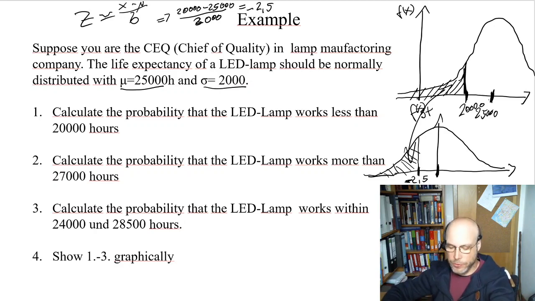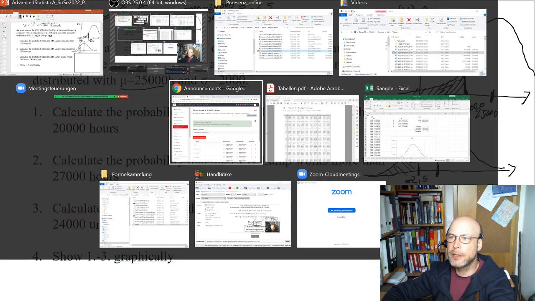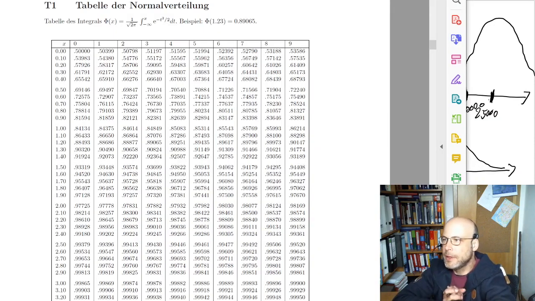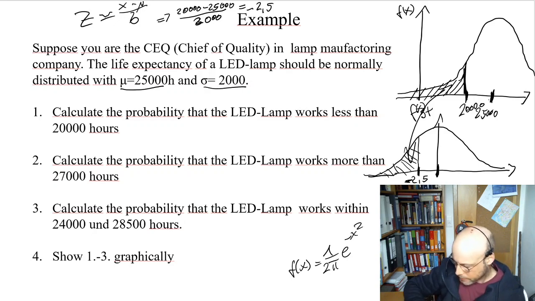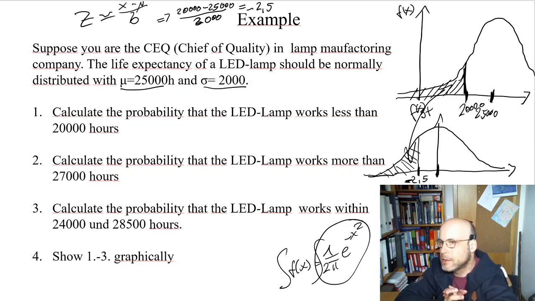One possibility to do this is, of course, and I hope you have already seen, tables like this. Remember, our normal distribution is this funny thing with 1 over square root of 2 pi, e to the power of minus x squared over 2, and for this probability we have to integrate this, and unfortunately this integral has no analytic solution.